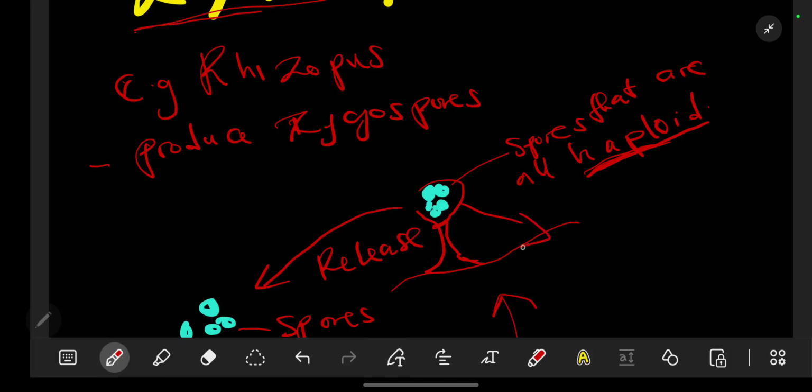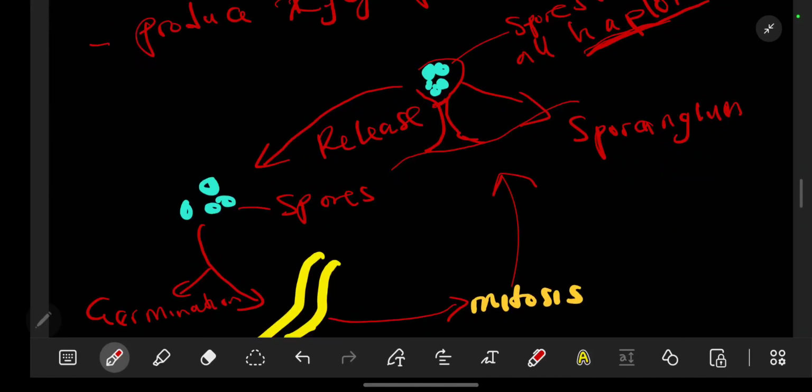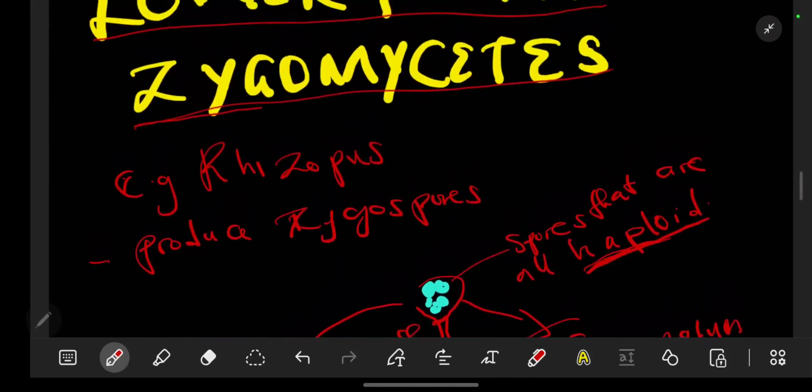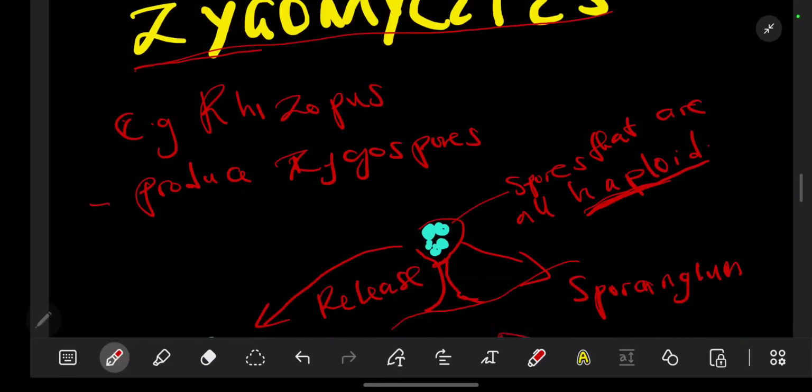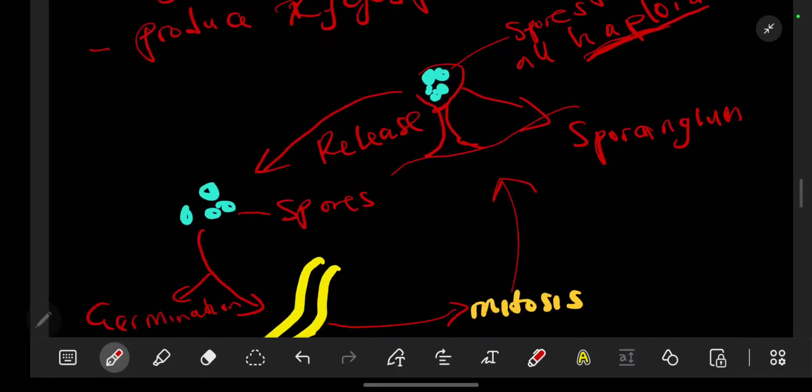This part is what we call the sporangium, the one that is able to produce spores, and the cycle continues. Asexual reproduction, which means without any sexual activity, is quite easy.